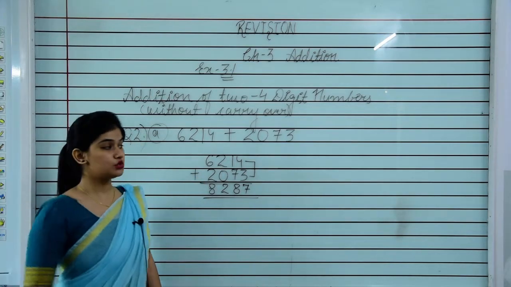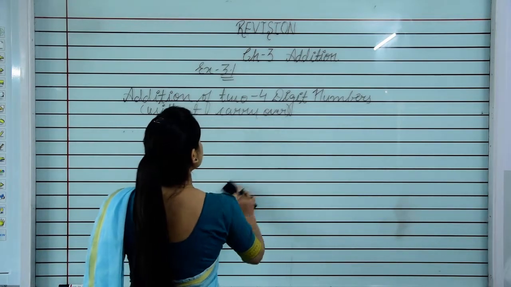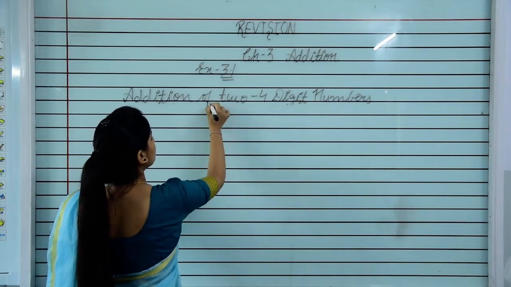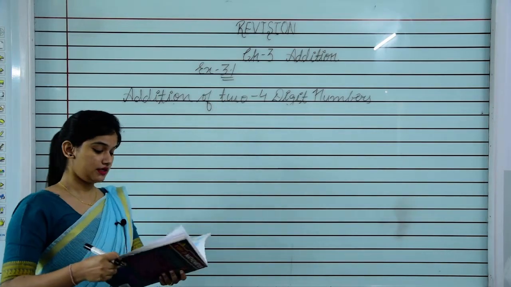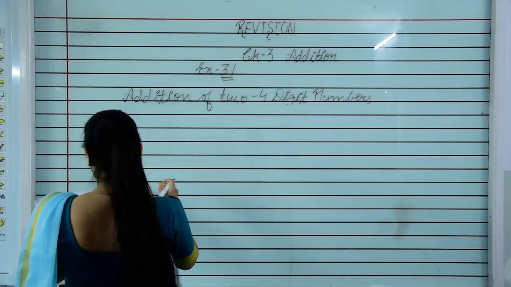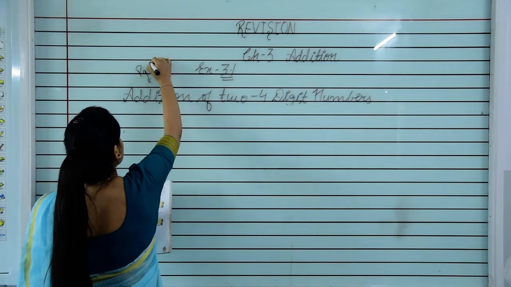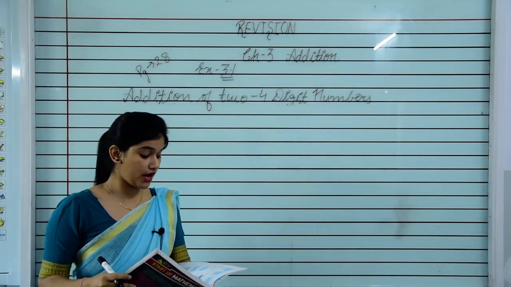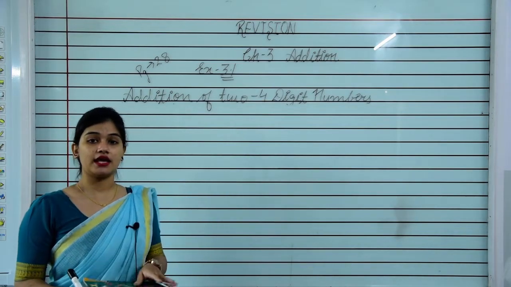Now we are moving to the next topic, that is addition of two 4-digit numbers with carry over. Open page number 28 in your book, and the topic is addition of two 4-digit numbers with carry over.